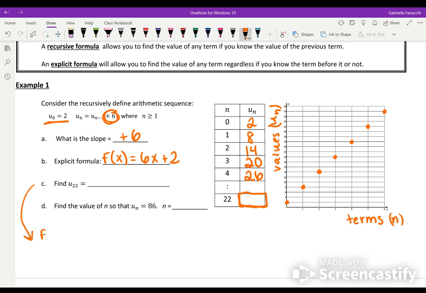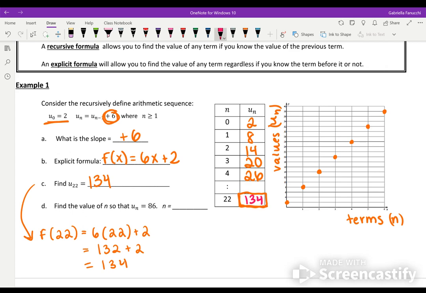So we would have f of 22 is equal to 6 times 22 plus 2. Okay, so that's going to equal 132 plus 2, 134. So the 22nd term has a value of 134. So now we can go ahead and write that in, 134.